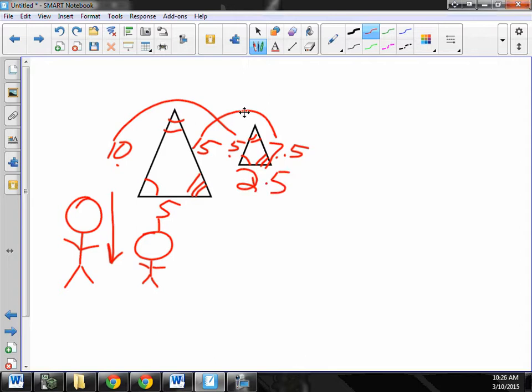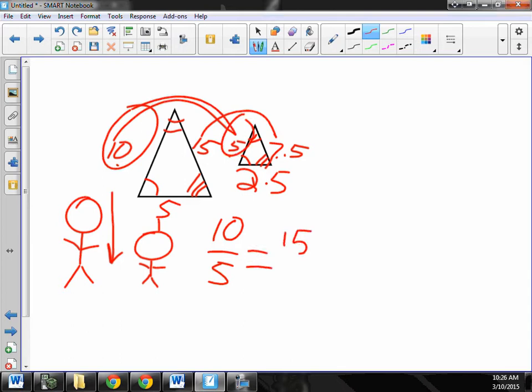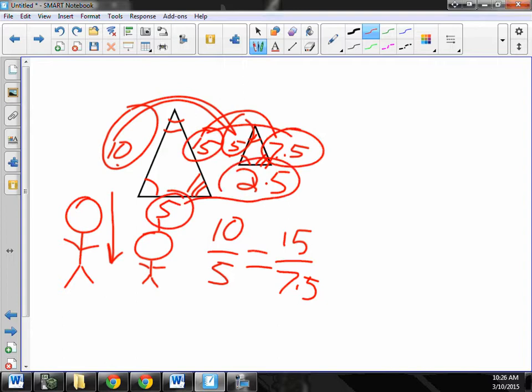And if you notice, 10 divided by 5, which is this ratio here, is equal to 15 divided by 7.5, this ratio here, which is equal to 5 divided by 2.5.